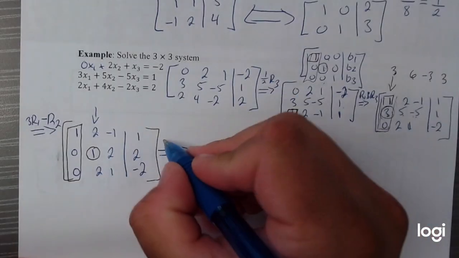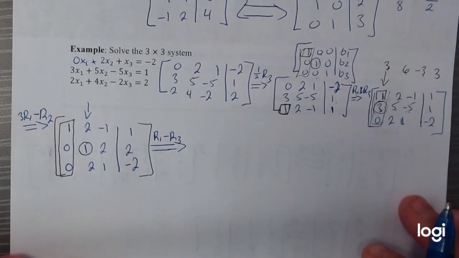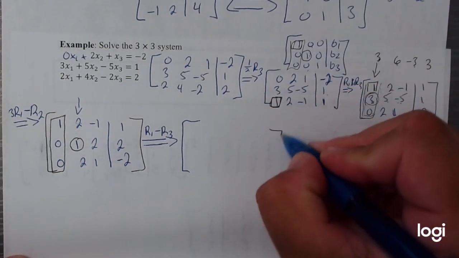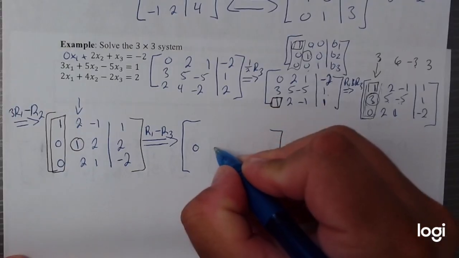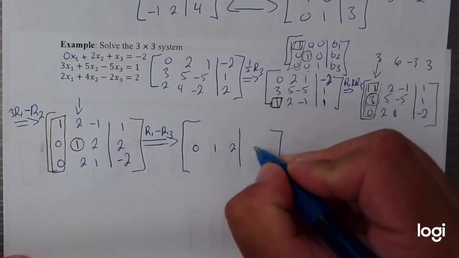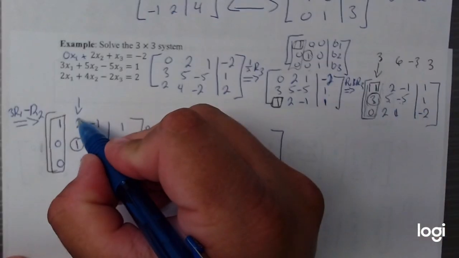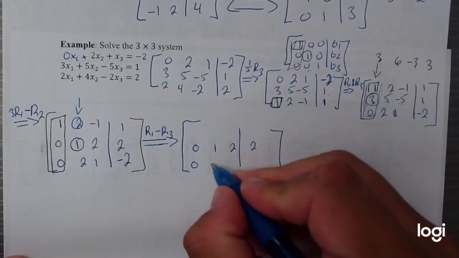We're going to do row 1 minus row 3. Now again, the question is, where are the results going to be? Row 2 is going to be the same, right? So I'm just going to copy row 2 down because I don't want to confuse myself. I want to get rid of this, so I'm going to keep row 3.